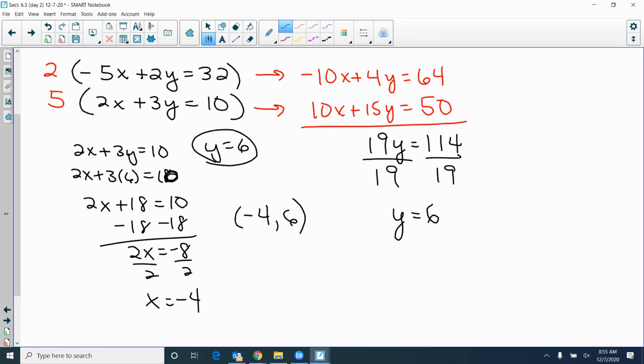Okay, if you are confident and you think you can do the third one, go ahead and do it. And if you're not confident, just wait. You're gonna have to multiply both equations.